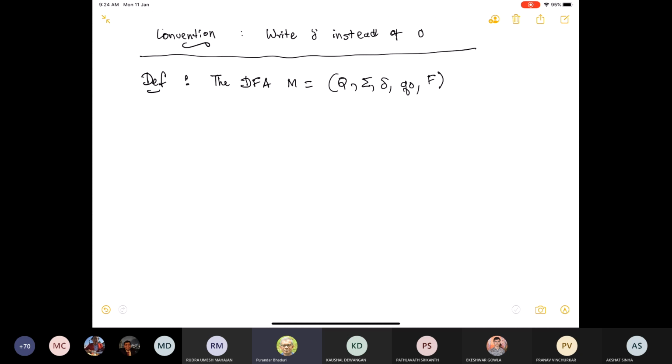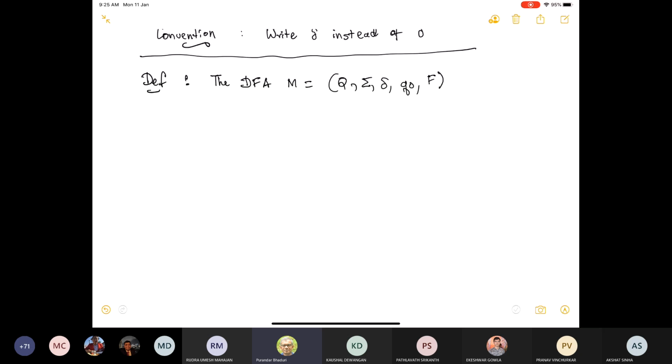But as long as we know that Q refers to states and capital sigma refers to the alphabet, delta refers to the transition function, Q naught is the initial state, and capital F is the set of final or accepting states. You can write them in any order essentially, but Q usually comes at the first position.